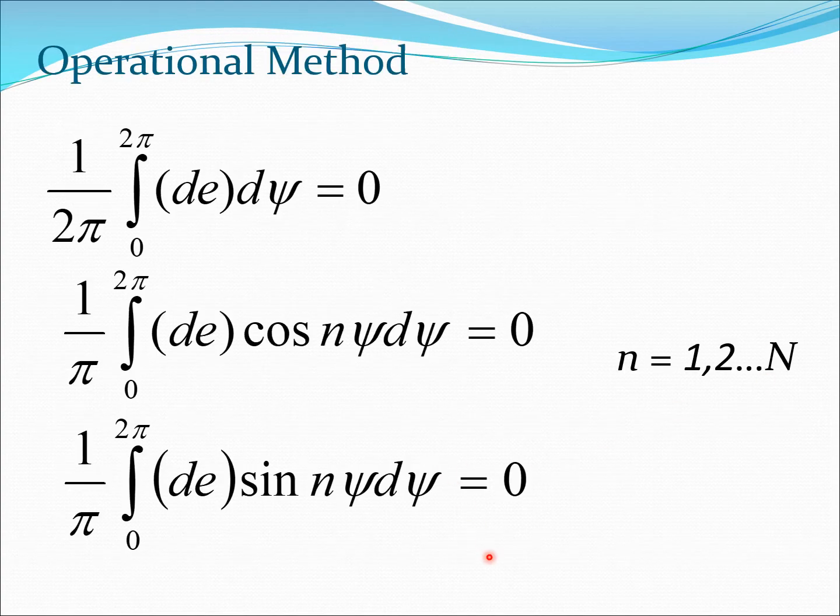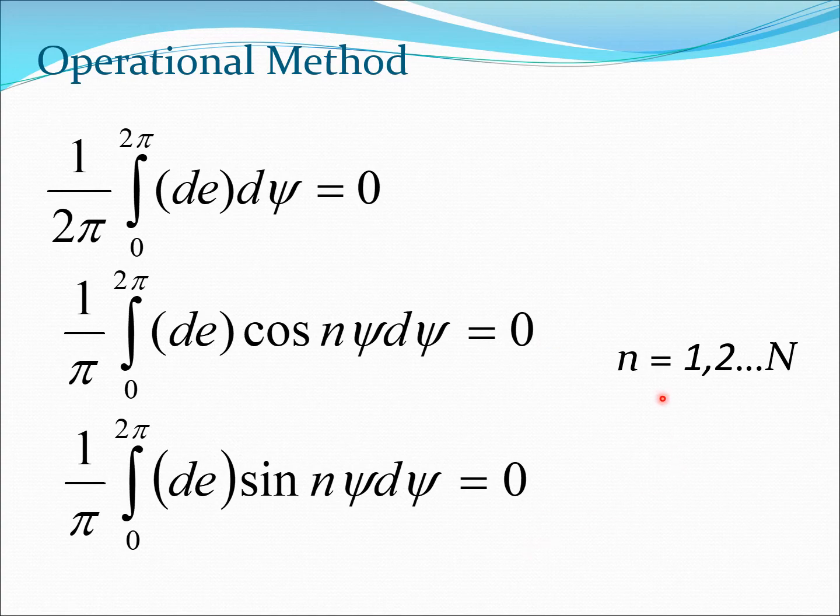The second method is known as the operational method. Now here you take your differential equation and you solve these particular equations. So essentially you take your differential equation, multiply by d psi, integrate it from 0 to 2 pi. Similarly, you do this here by multiplying by cos n psi, and you do this here by multiplying by sine n psi.